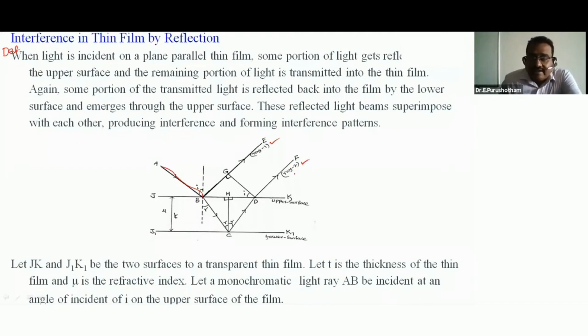Ray 1 and ray 2 superimpose on each other and give rise to the interference phenomenon called interference in thin film by reflection. Let JK and J1K1 be the two surfaces. Mu is the refractive index, t is the thickness of the sample.